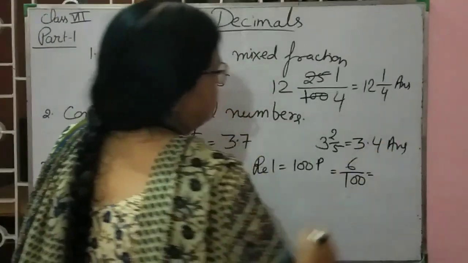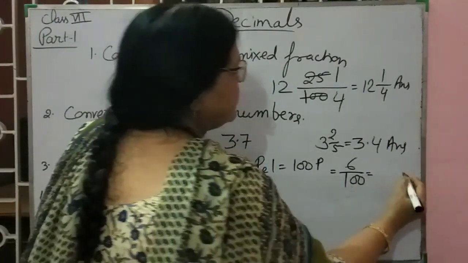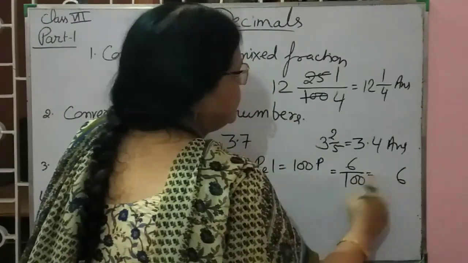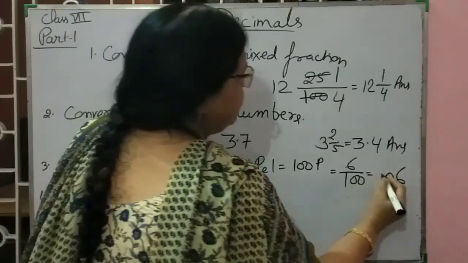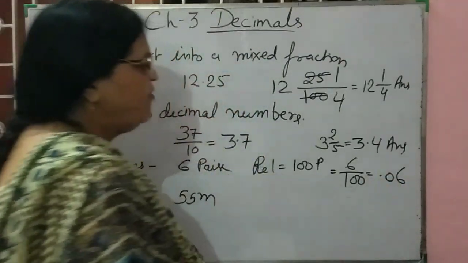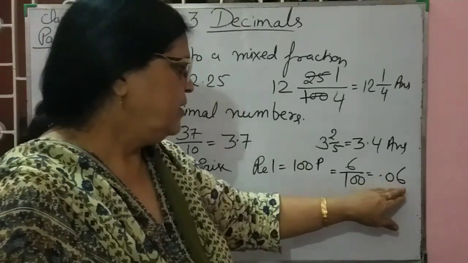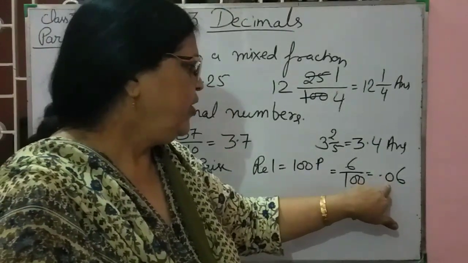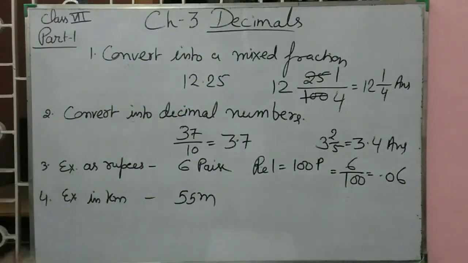Again इस 6 को आपको इस 0 की जगह रखना है. 6 0 and in place of 1 put decimal. After 1 you have 2 zeros and here 2 digits. 0.06.